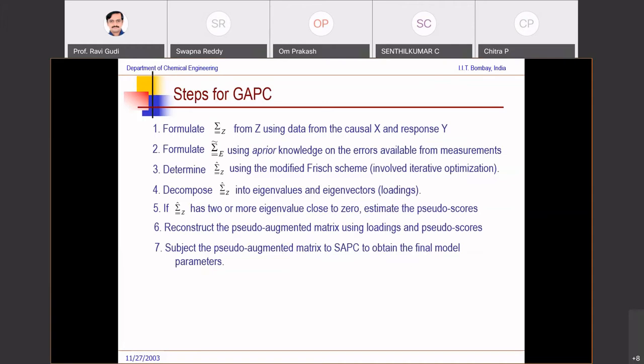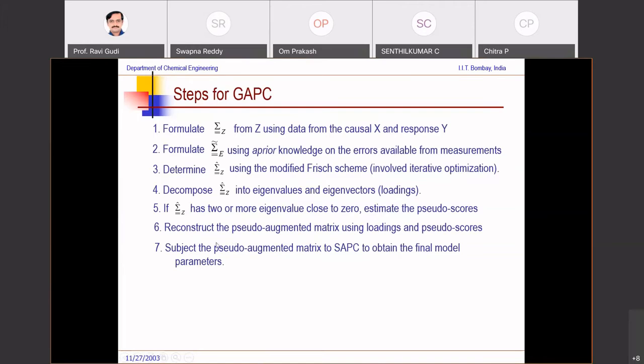But when TLS fails because the error variances are not the same in all the X and the Y, then we have to look at some advanced methods of filtering out or removing the noise from the X and the Y. And when we do that, we essentially get a clean Z, and from that clean Z, you can estimate your model parameters.